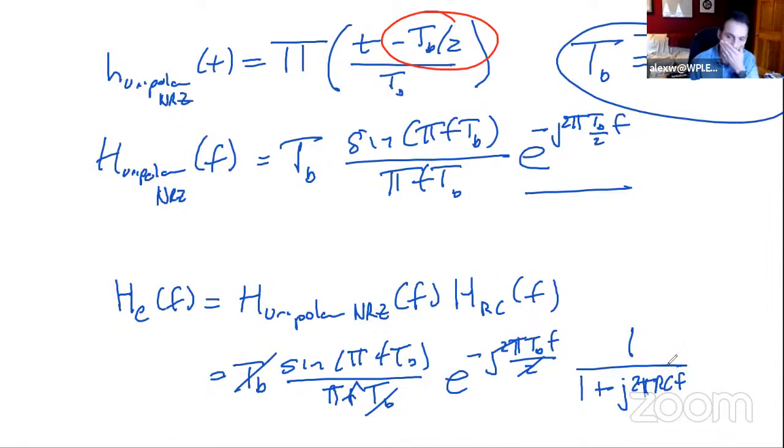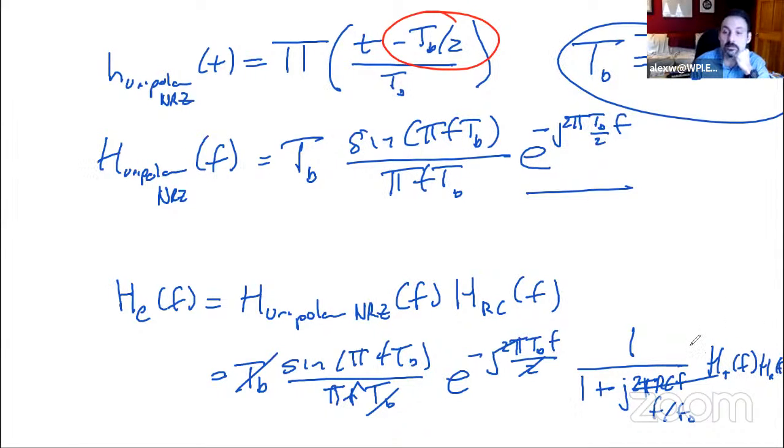RC of F. And again, shorthand here, I could just do F over F naught. So now I have that, plus don't forget, I have to do the transmit filter and the receive filter.